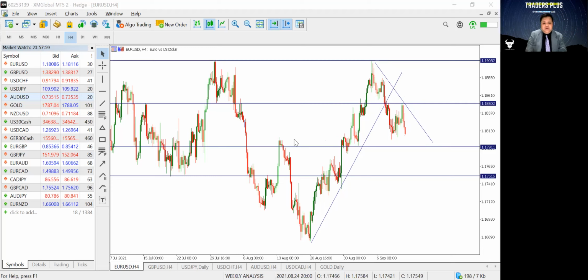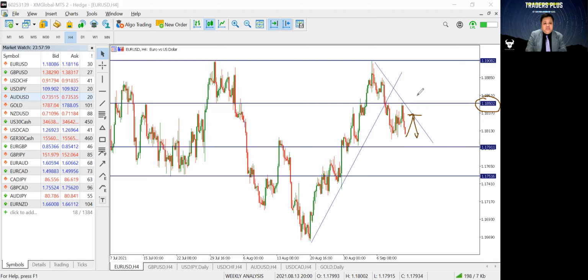All right? So I believe from what I'm looking at here, this Euro USD may go back to this trend line, okay, and could resume going down. But if you're going to sell, I suggest, antayin nyo munang bumalik dito. So this can be a good entry, but place kayo ng stop loss above dito sa 1.18502.